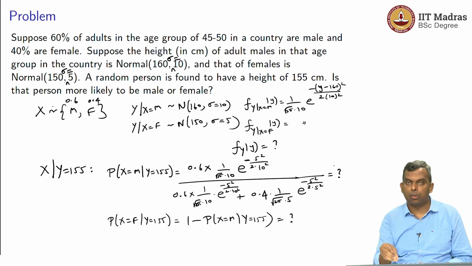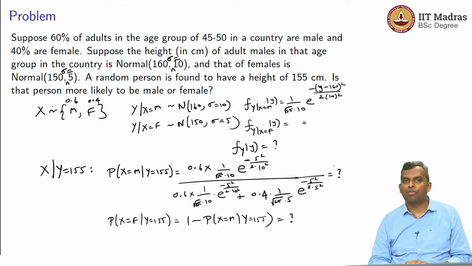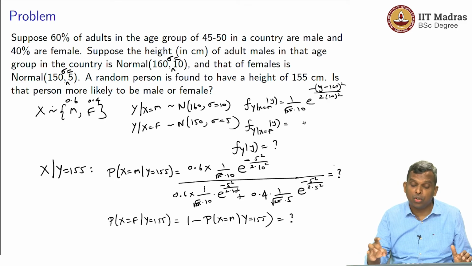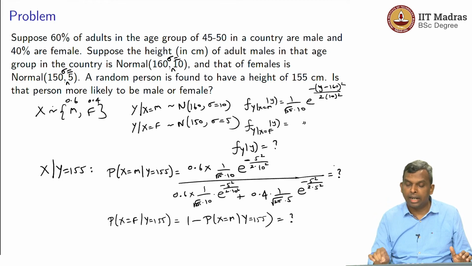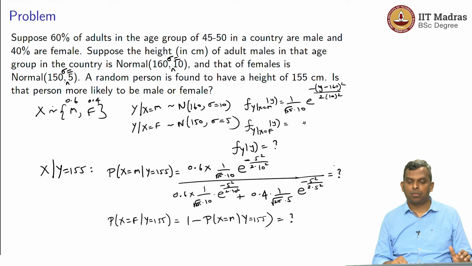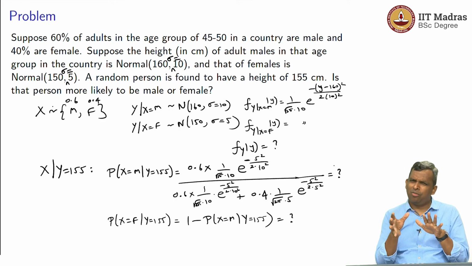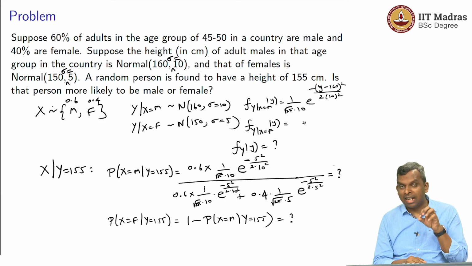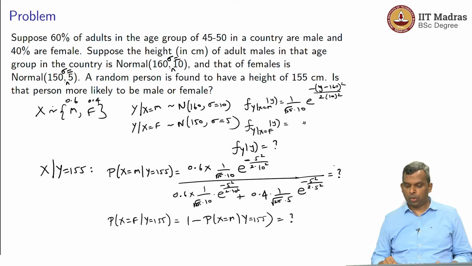You can just calculate one and check if it is above 0.5 or not. Hopefully I've not written down the final answer for you. I'll leave that as an exercise. Go ahead and compute this final answer. You see how in a semi-realistic situation, these kinds of discrete-continuous models enter the picture. These are very useful to know and understand.